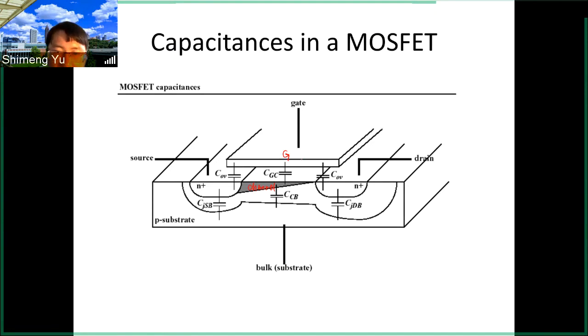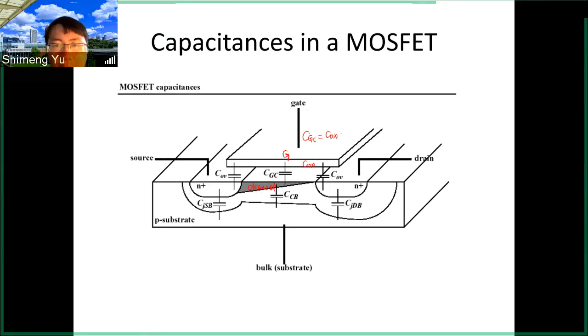And you know this is the gate oxide, so you have the COX. But COX is, by definition, gate capacitance per unit area. So we need to multiply by the area to get the CGC. That is COX multiplied by the area of the gate.